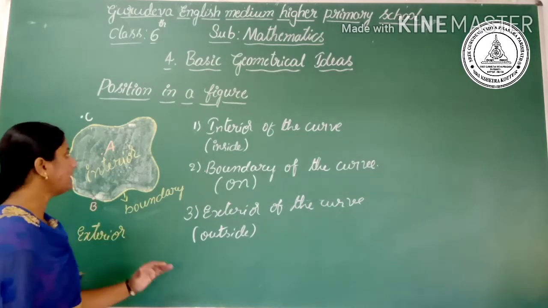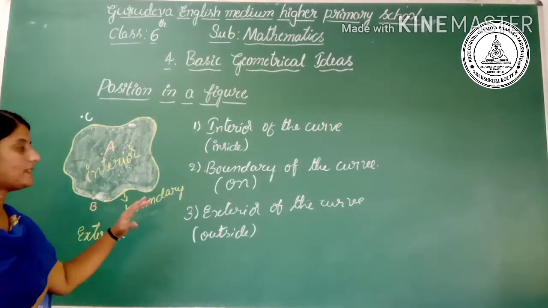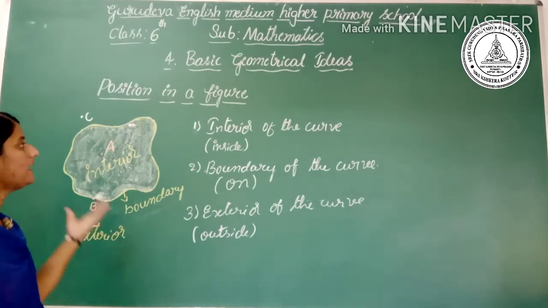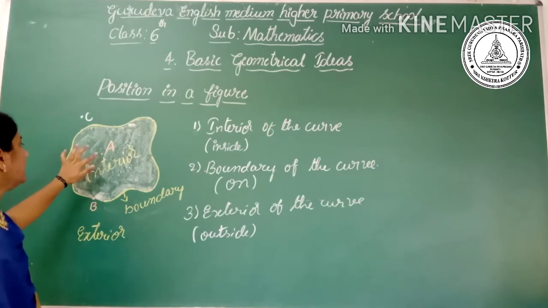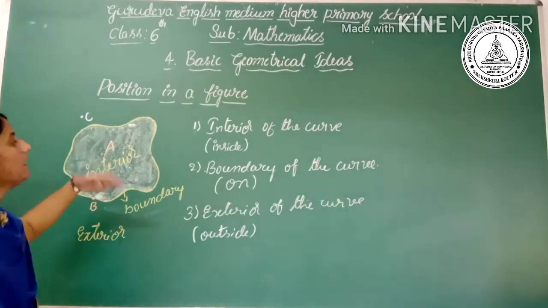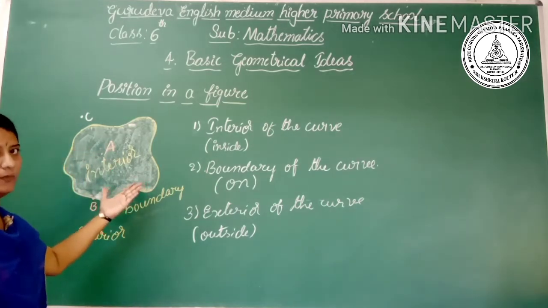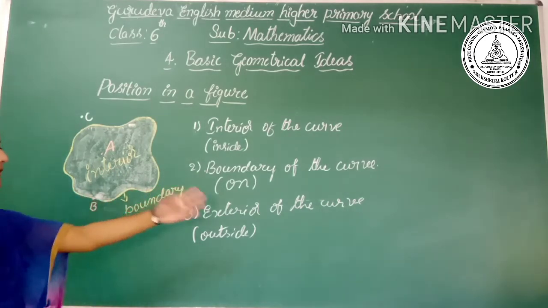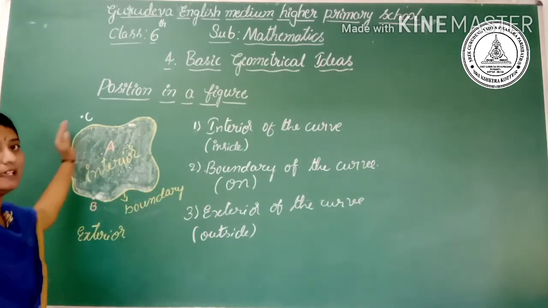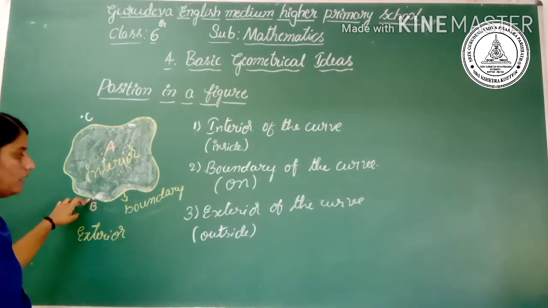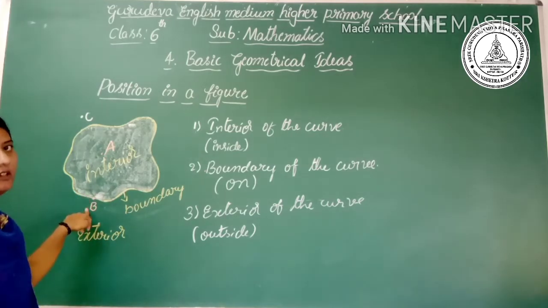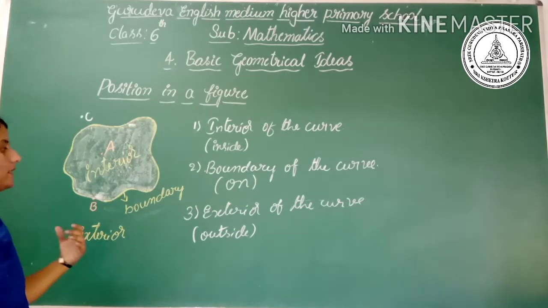Can you say which point is inside the curve, the interior point of the curve? Here there is a point A. It is in the interior of the curve. Which point lies on the boundary of the curve? The point B lies on the boundary of the curve.